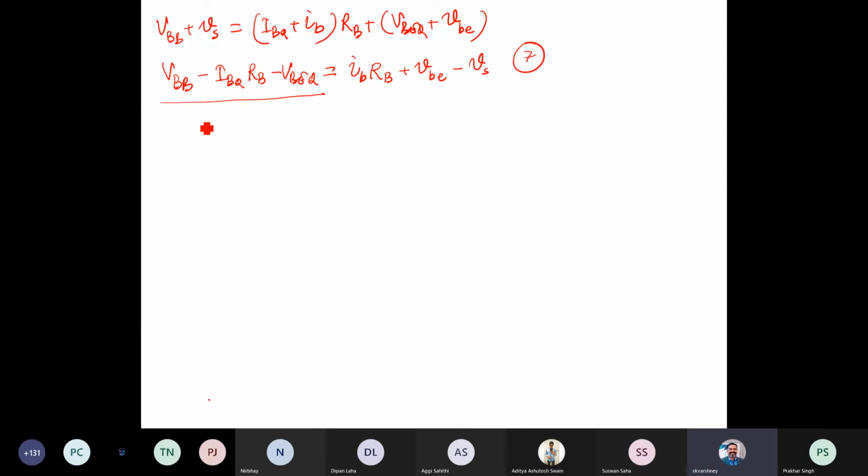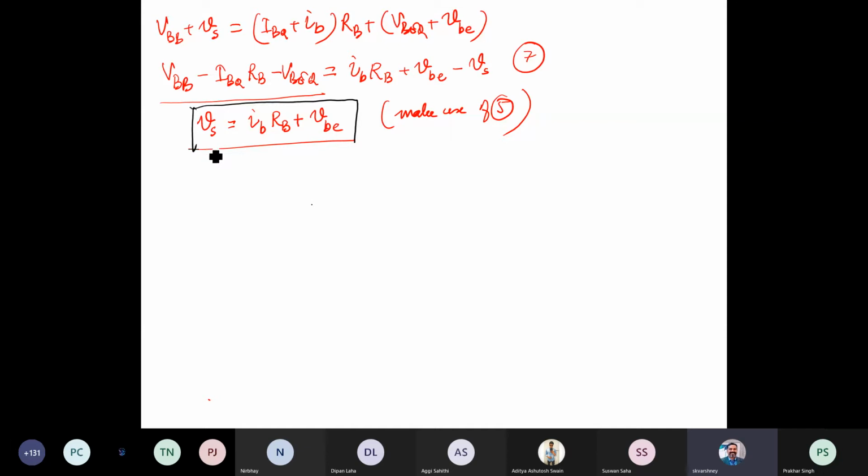What you are left with is, we can express VS as ib RB plus vbe. So we just made use of 5, right? Now this equation is basically the base emitter loop equation in the AC component.